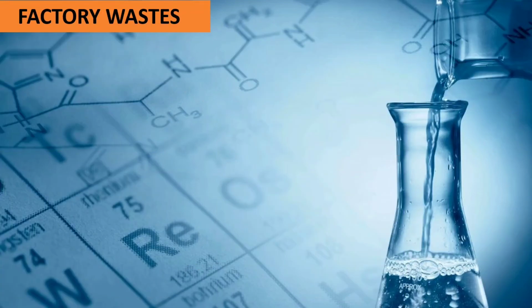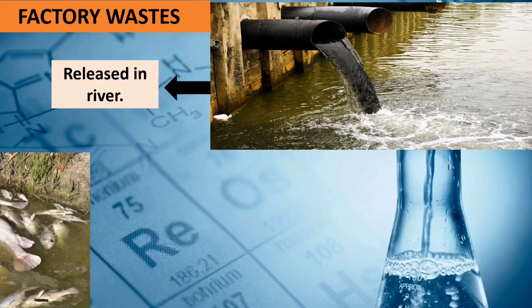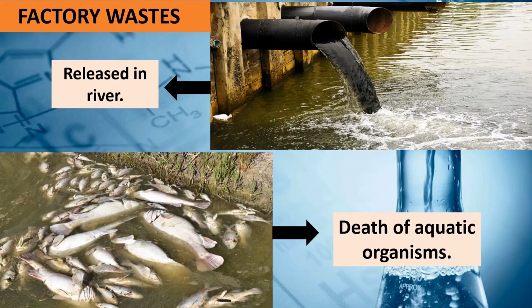And the last one is factory waste. We all know that factory waste is released in rivers or ponds, and this waste consists of a lot of acids. Because of which we can see that aquatic organisms get affected, and many of them die because of these acids released in the river.